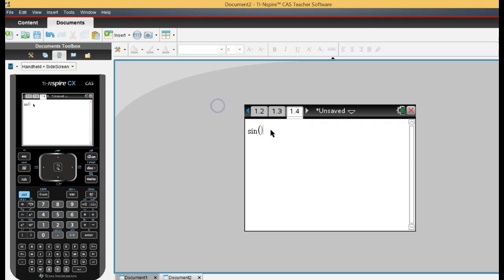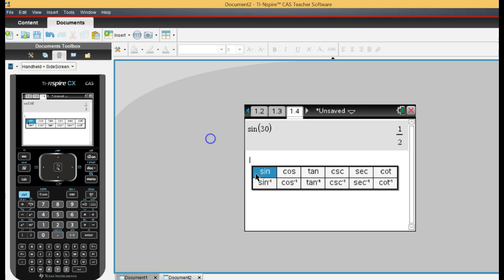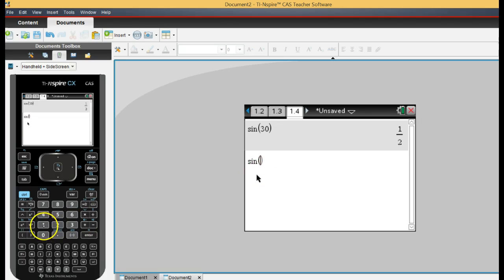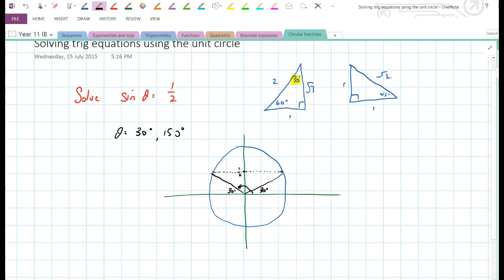Alright, we've had a freeze situation here. Let's get out of here. Sine 30, enter, 1/2. Great. I'm starting to regret using this calculator. Sine 150, 1/2 as well. Fantastic. We knew that already, I didn't need to do that. But there's more, isn't there?